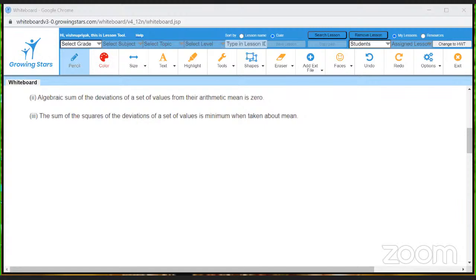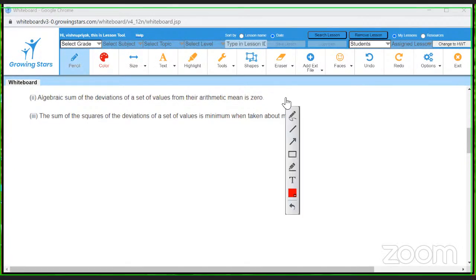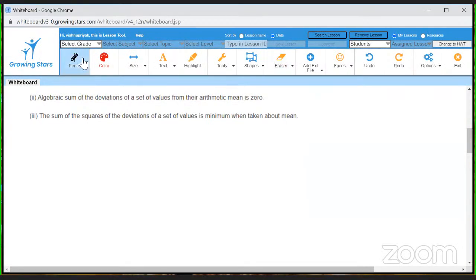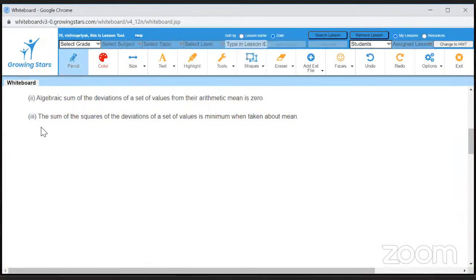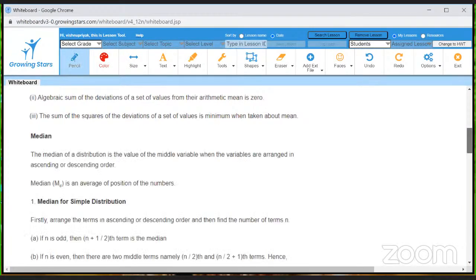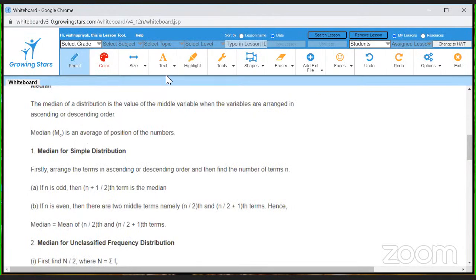median. The next important thing is median. How to find the median? It is also a type of average only. So what you will do, you take the list.